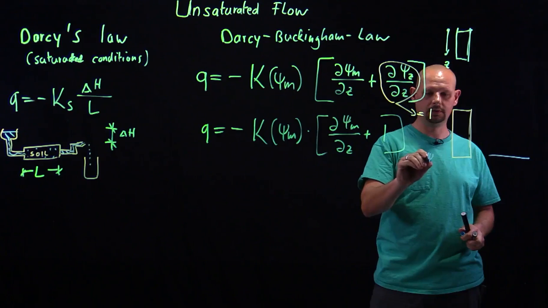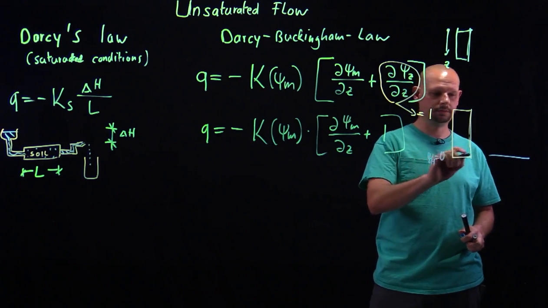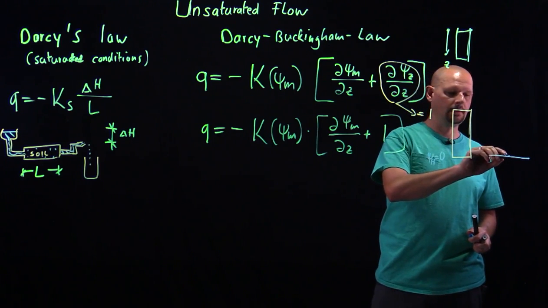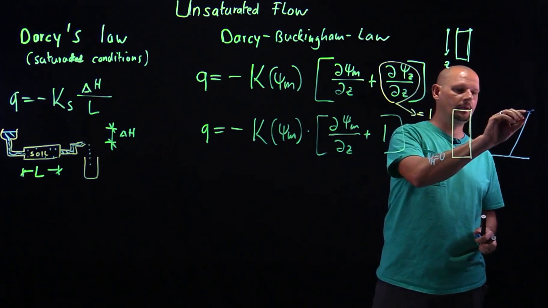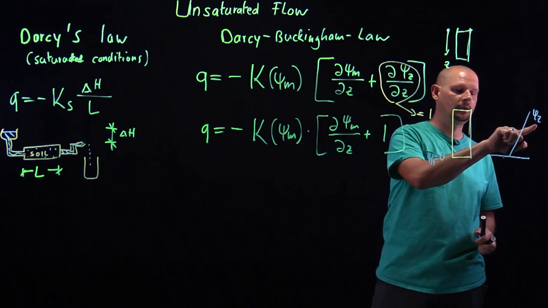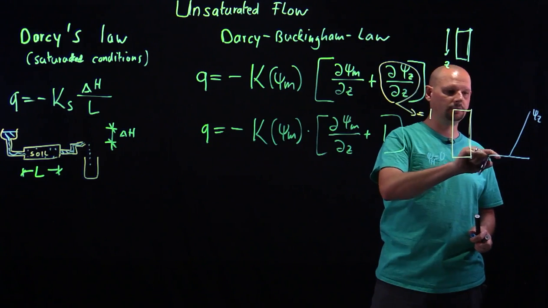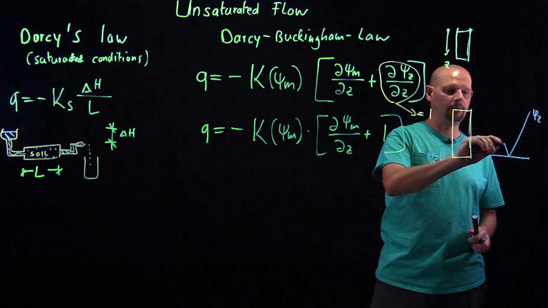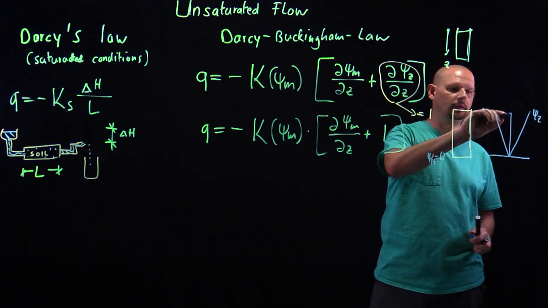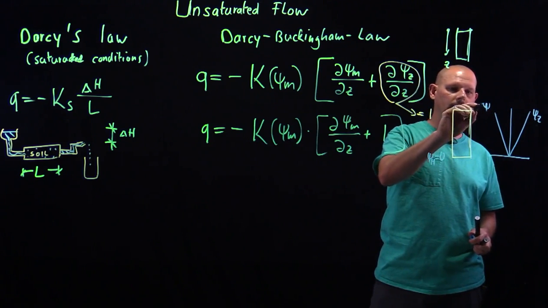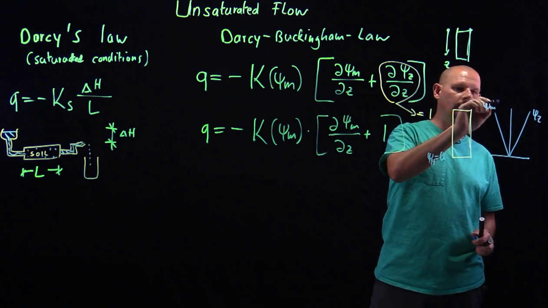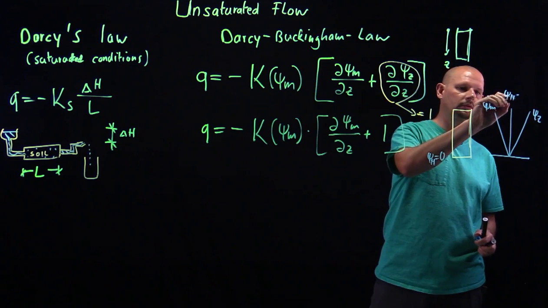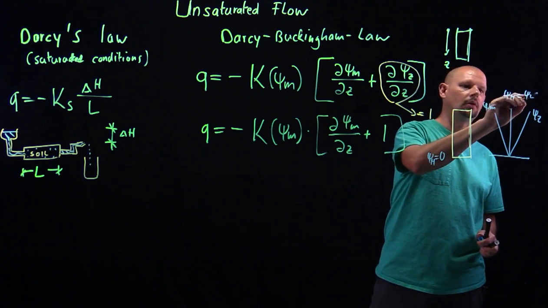So that would be a hydraulic potential of 0. Then our gravimetric potential looks like this, and our matric potential looks like that. So this would be the matric potential, and that would be the hydraulic potential as a sum of the two.